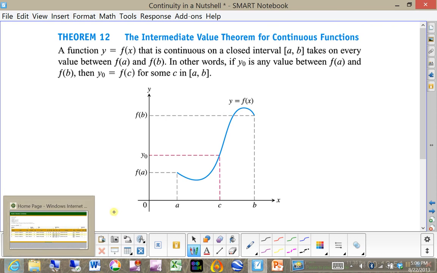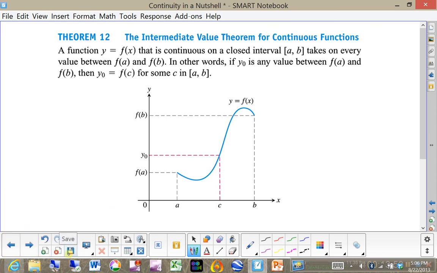And then finally, the last thing we're going to talk about is called the intermediate value theorem for continuous functions. And this is one that I call sort of common sense.